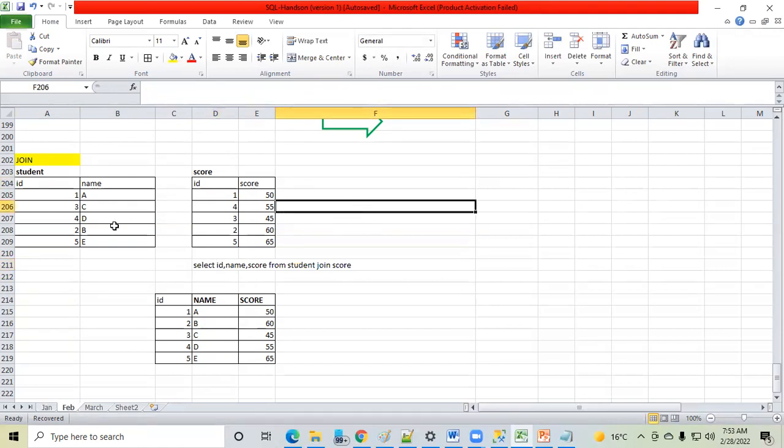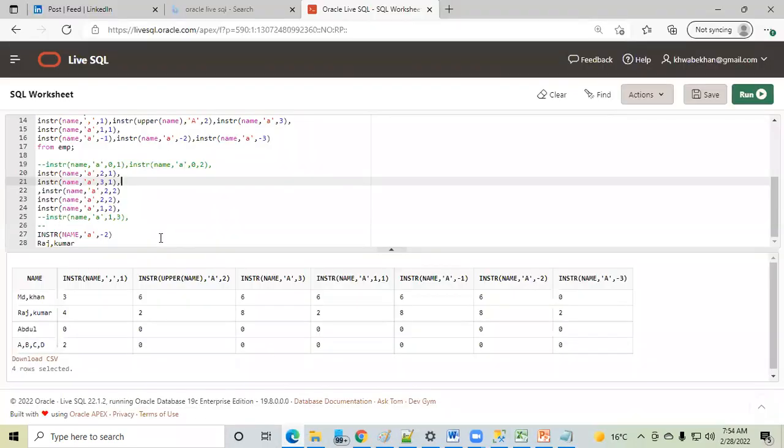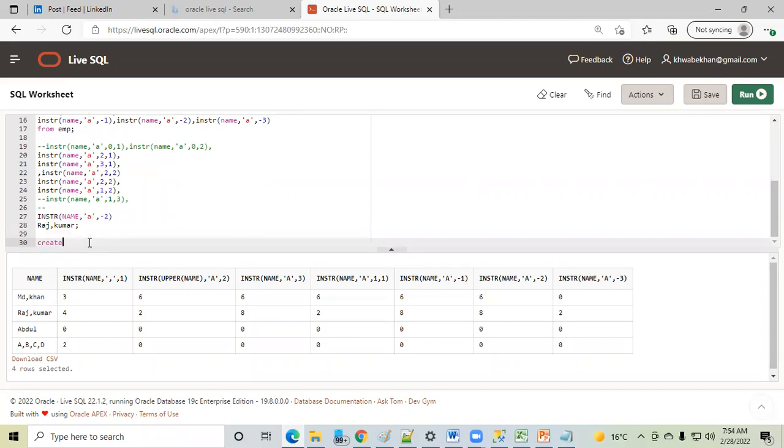Let me show you this first of all. A student and score table is there. Create table student.